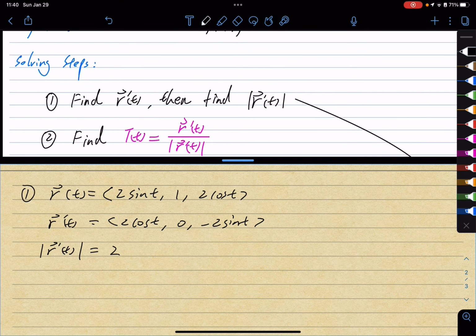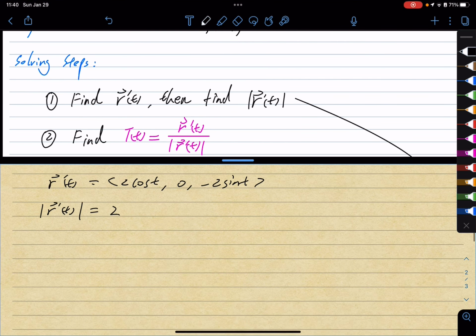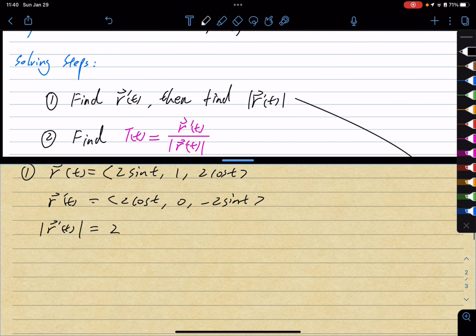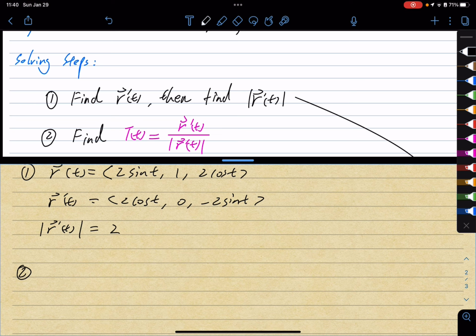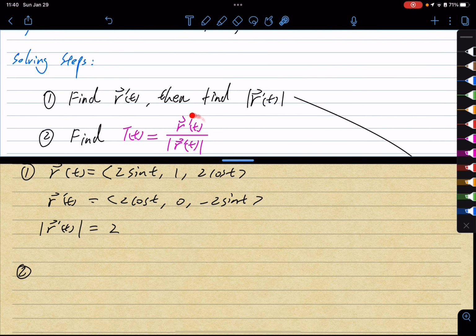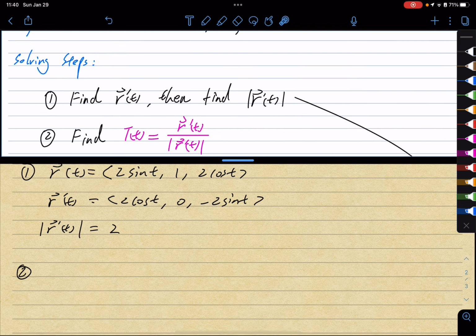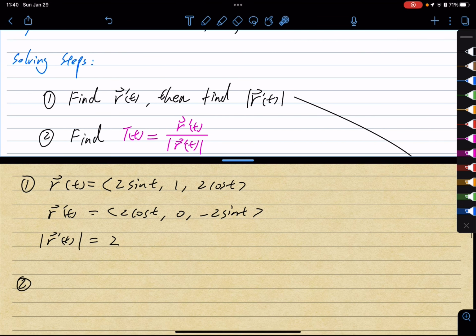Well, the second step is we're going to start with finding the unit tangent vector. So, the unit tangent vector, right? We know r prime of t, which is right here. We also know the magnitude of r prime of t is right here.